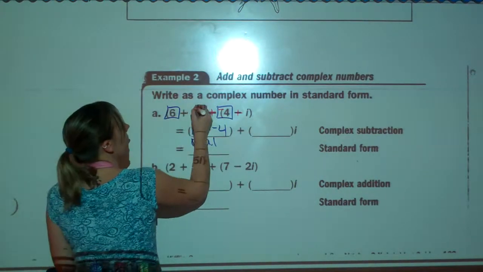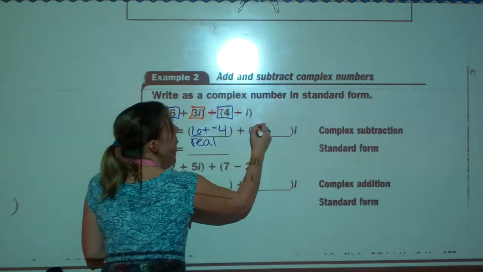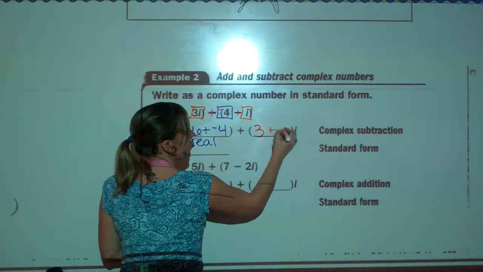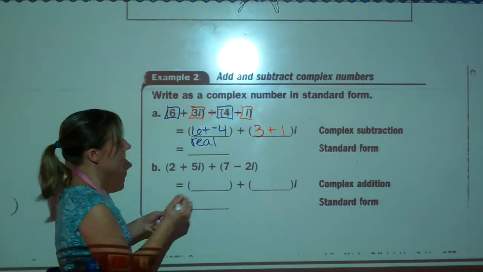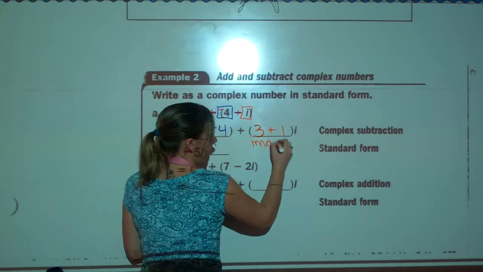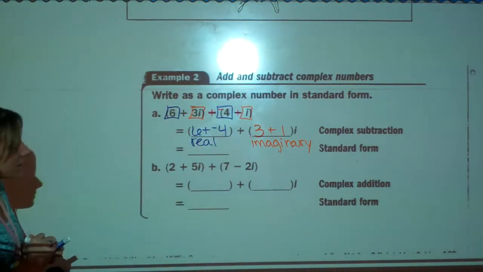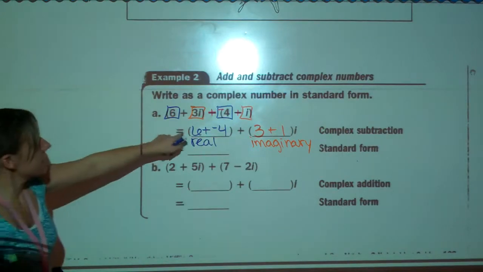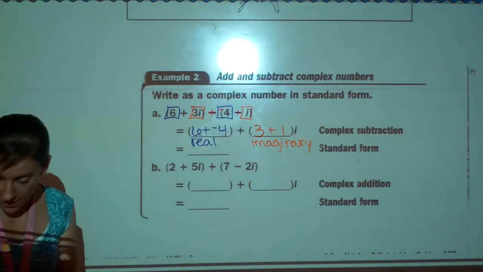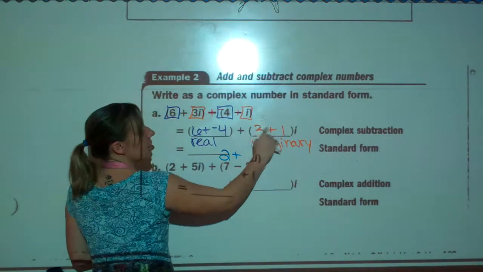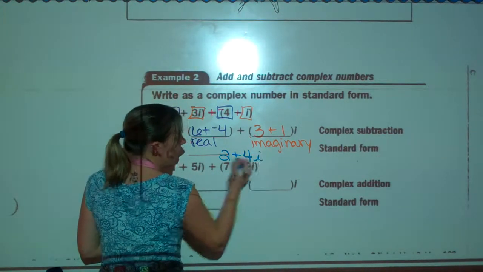The imaginary parts are the 3I, so that's the 3, and then the 1I, so just think of that as a 1. Okay, so that's the imaginary. So the answer is just 6 plus -4, which is 2, plus 3 plus 1, which is 4I.